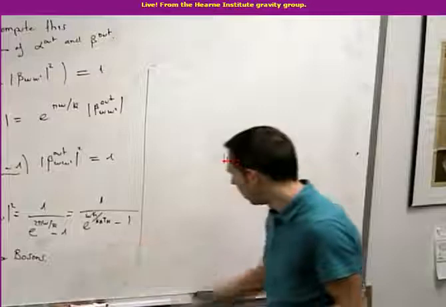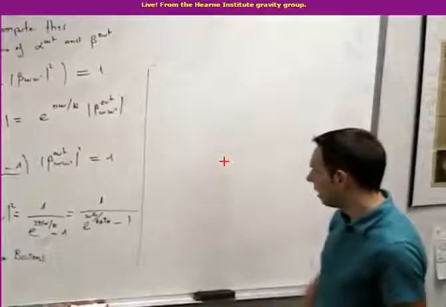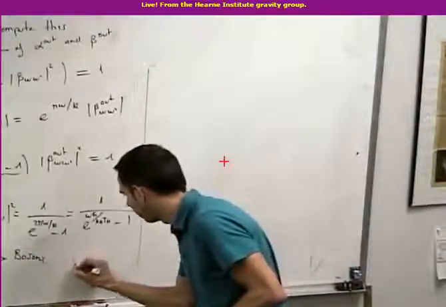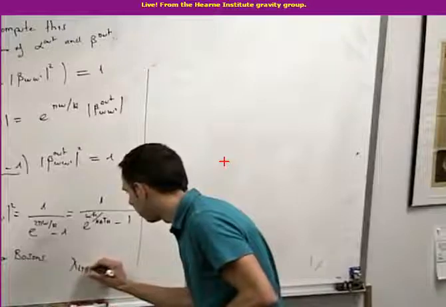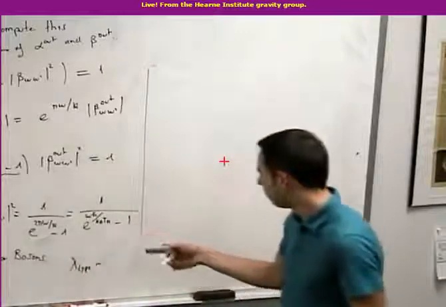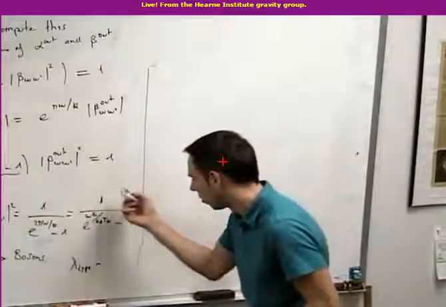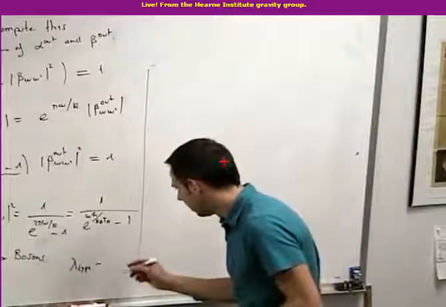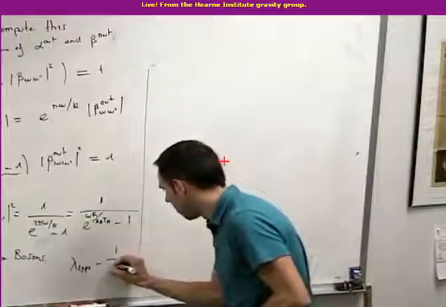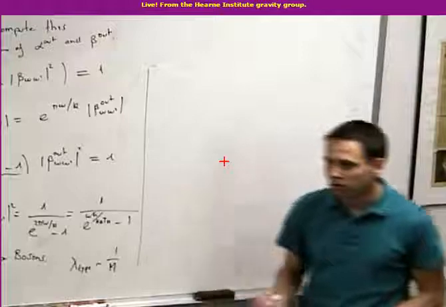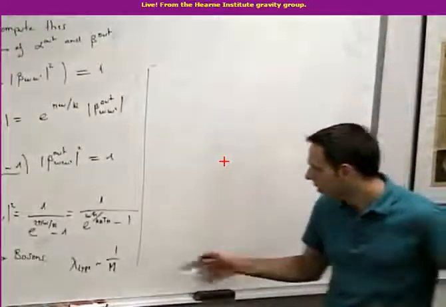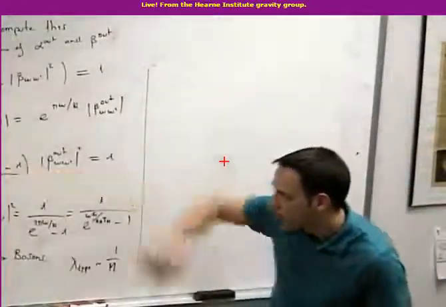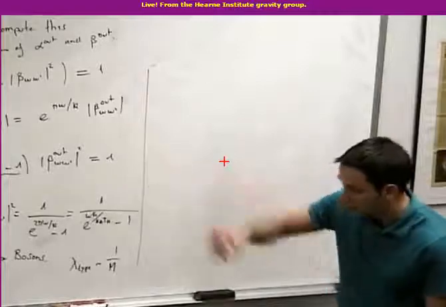As you can see, the typical wavelength of particles in Hawking radiation is of the order of the mass of the black hole, or the surface gravity. So it's of the order of 1 over the mass of the black hole. Of course, it's the only scale that you have. The Hawking temperature is given by 1 over the mass of the black hole. That is very important.